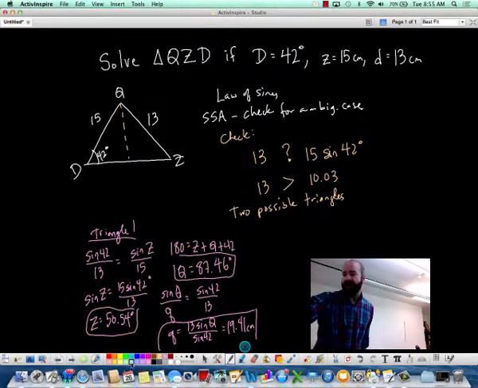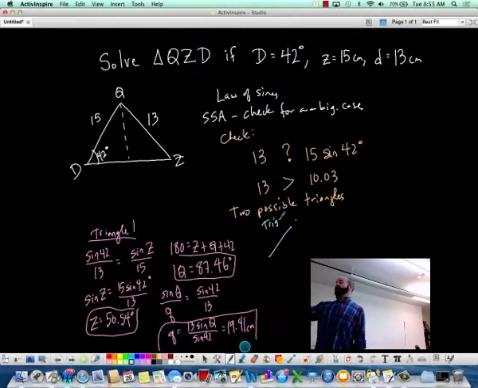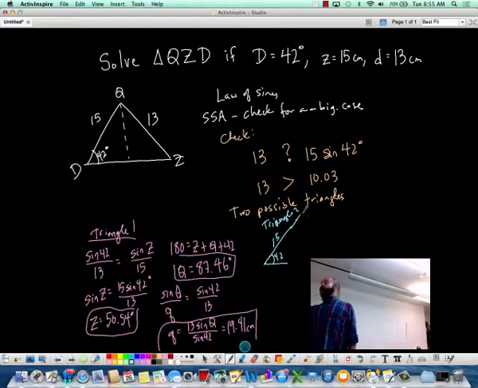Now, the second triangle. If I draw the information that I had again, this would be triangle 2. I'm going to draw the 15, and I'm going to draw the angle that I know first, 42. And then that side, that 13, instead of opening outward, is going to have to open inward.